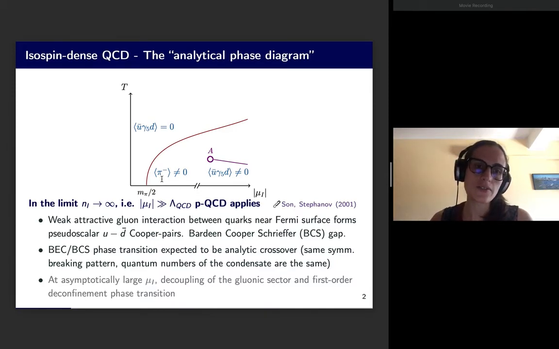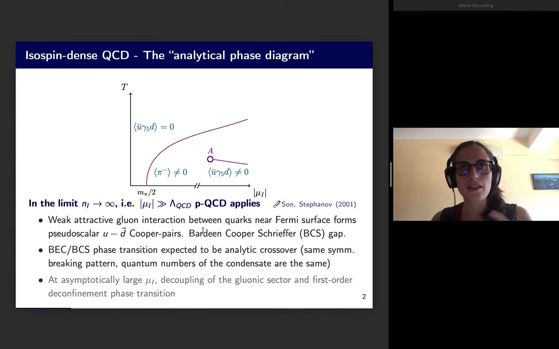And one actually finds out that the quantum number of the pion condensate is the same quantum number as this condensate of up and anti-down, or anti-up and down, again depending on the sign of the chemical potential, Cooper pairs in the pseudoscalar channel, which is why there is a gamma 5 sandwiched in between.